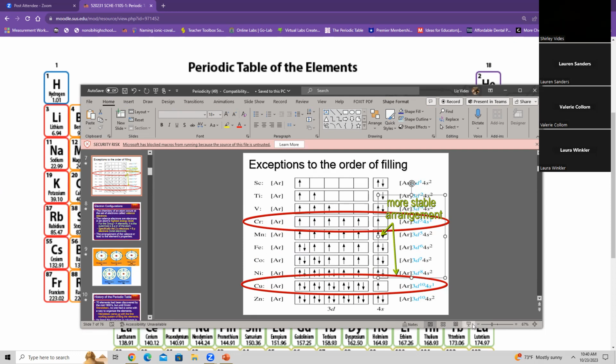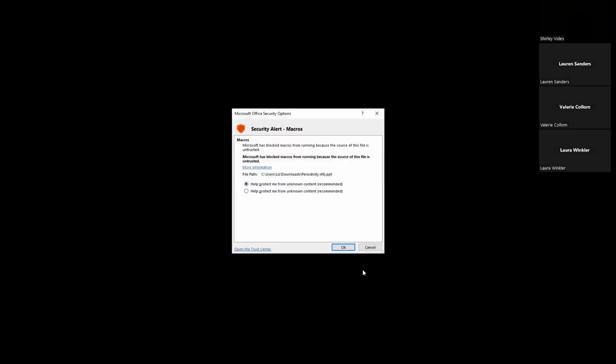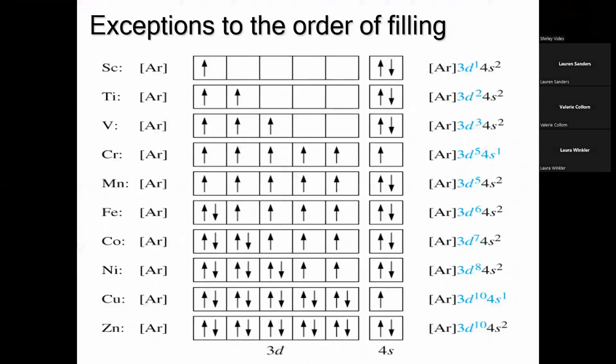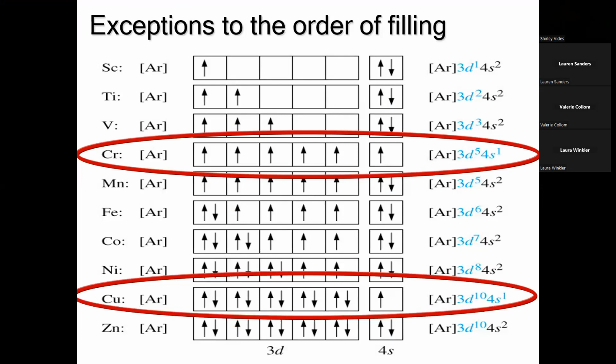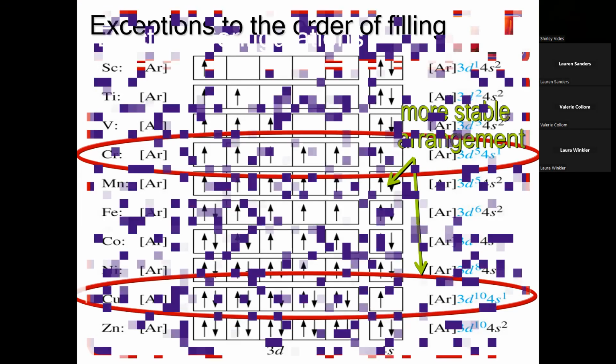Now we can look at it properly. And then, okay. All right, so now chromium is an exception, and so is copper. See? There they are. Because they're more stable that way. Okay.